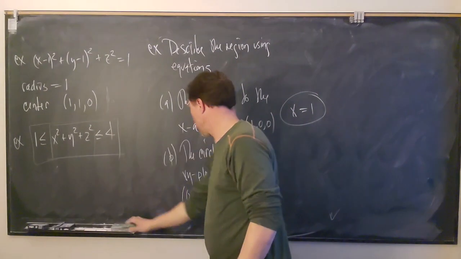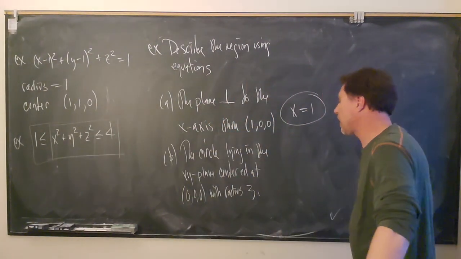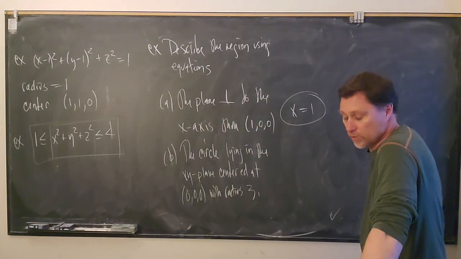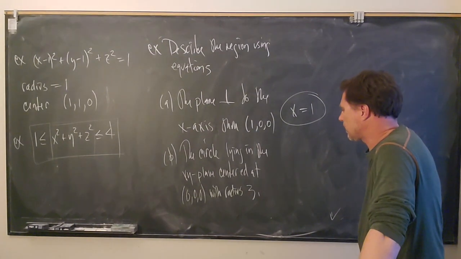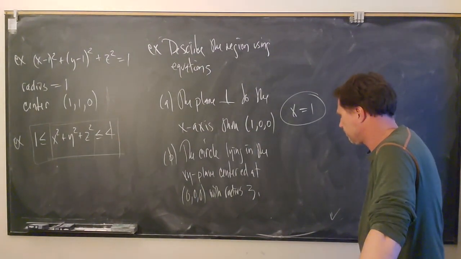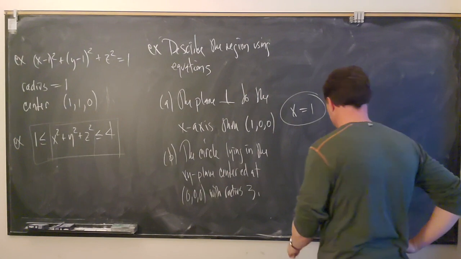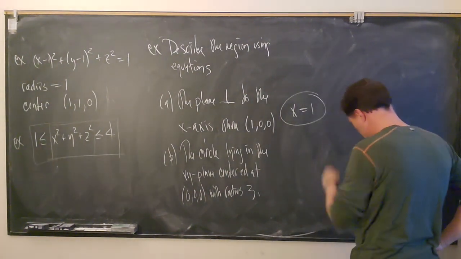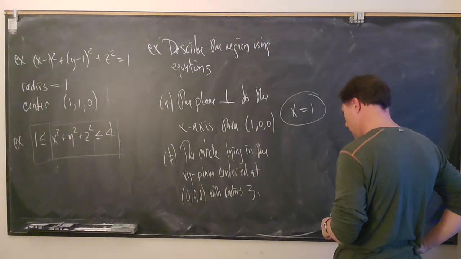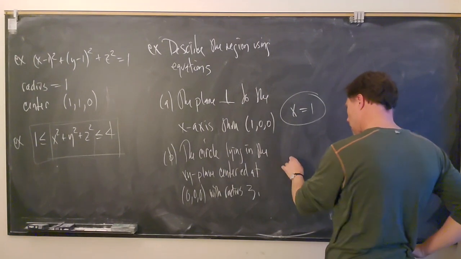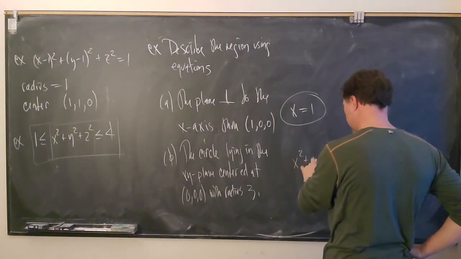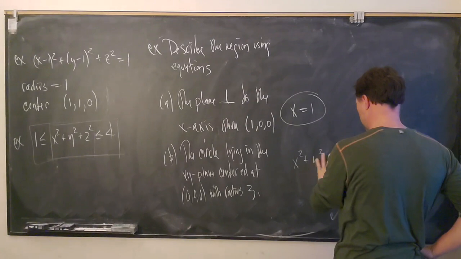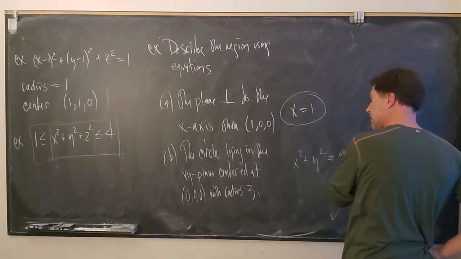For the second one, we want the circle lying in the xy plane centered at the origin, (0, 0, 0), with radius 3. Well, okay. A circle with radius 3 looks like that, right?